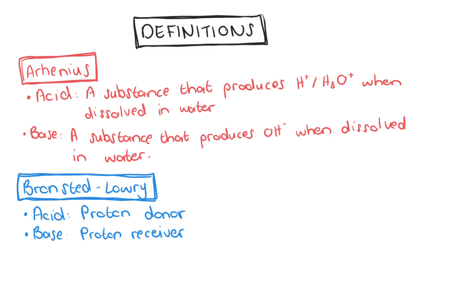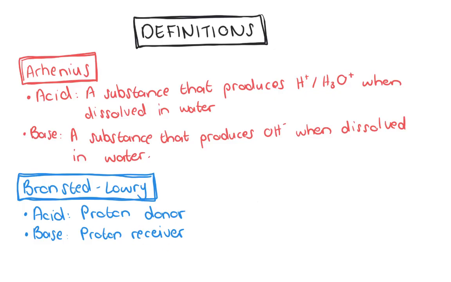But the most commonly asked and understood definition is your Brønsted-Lowry, which says an acid is a proton donor or a hydrogen ion donor, and the base is a proton receiver.